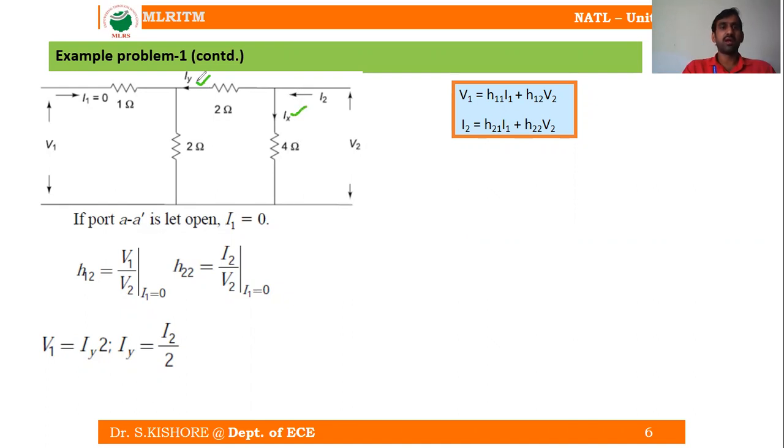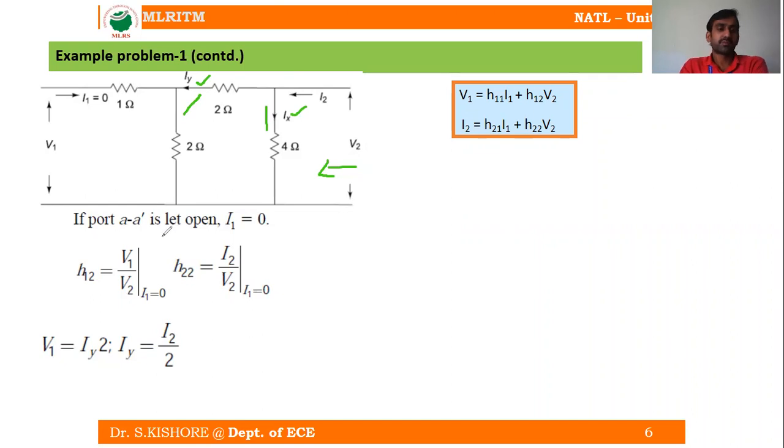If you look from this port V2, with I1 equal to 0, obviously these two branches are going to be in parallel.